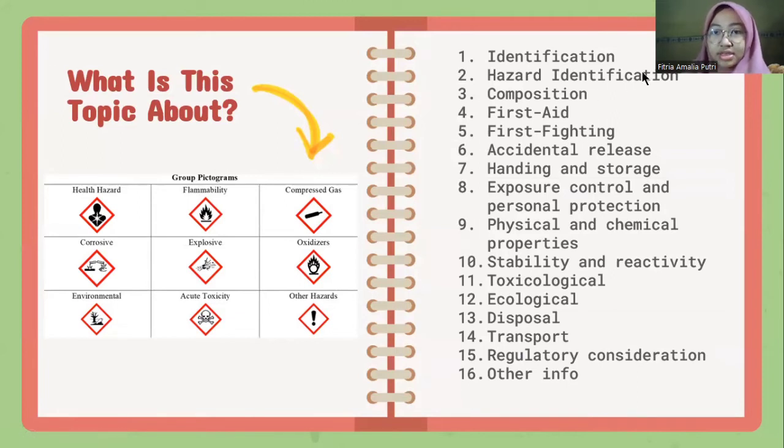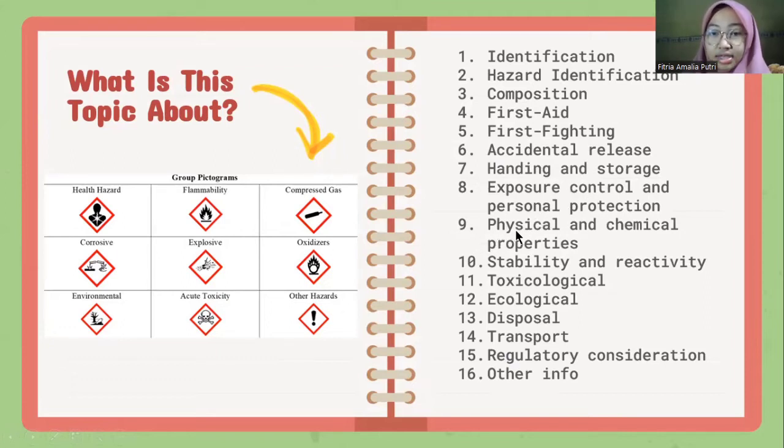Section 1 is identification. Section 2 is hazard identification. Section 3 is composition. Section 4 is first aid. Section 5 is firefighting. Section 6 is accidental release. Section 7 is handling and storage. Section 8 is exposure control and personal protection.